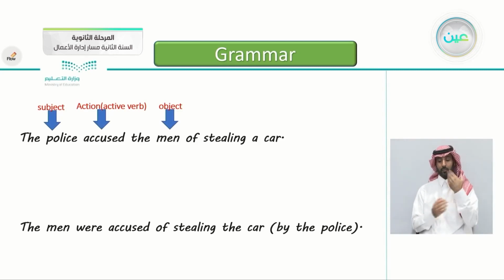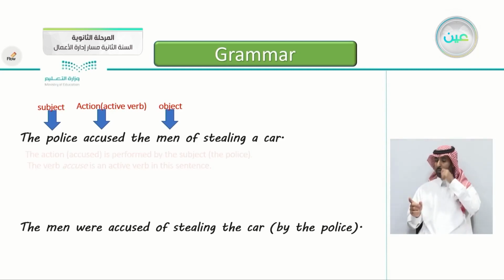So in the first sentence, the active sentence, you begin with the subject, then the action, the active verb, then the object. So subject, verb, object. It says here, the police accused the men of stealing a car.